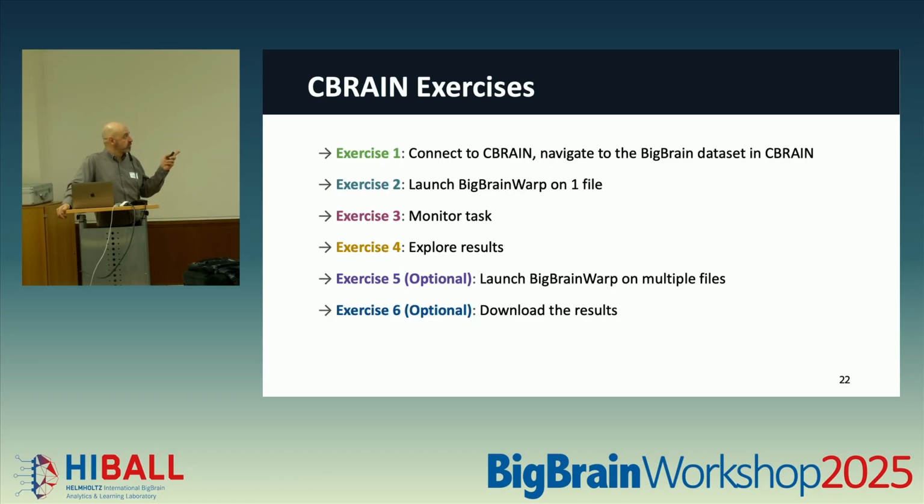But what you'll see as we go through the later exercises is that what you've done for one file applies to any number of files that you may want to work with. And you don't really have to change very much to scale up from one input file to thousands even, if you want. And then you'll be able to take a look through exploring some results, and there are a couple of other exercises that you can do in your own time depending on how fast we move through things, okay?